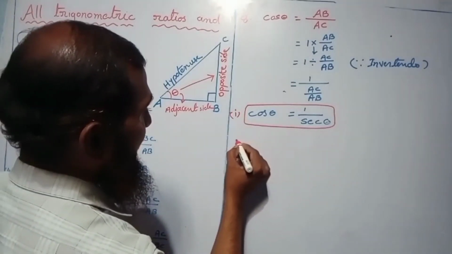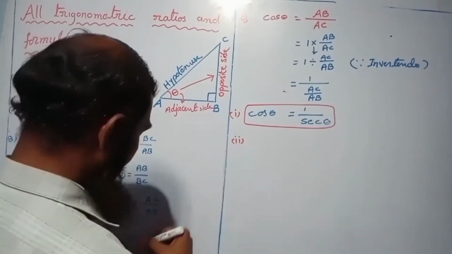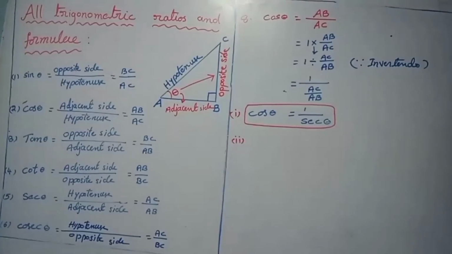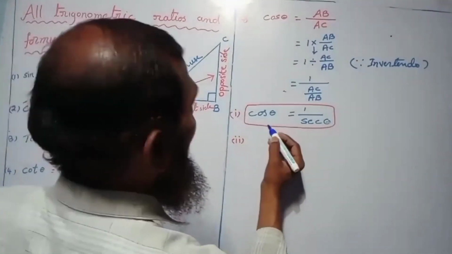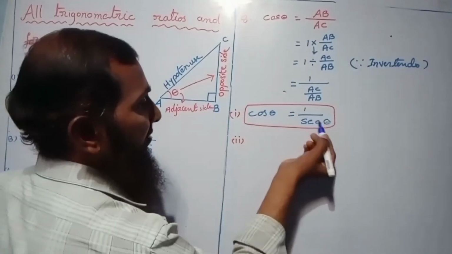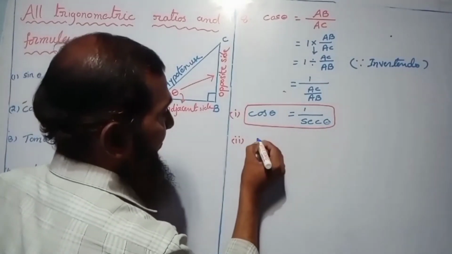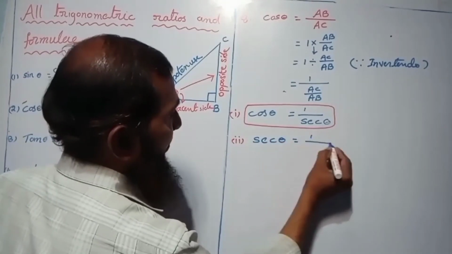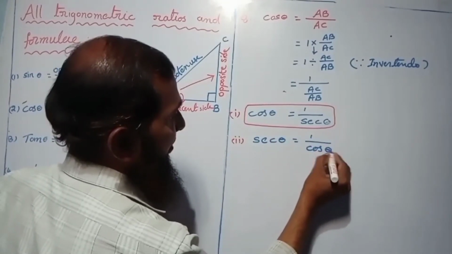And the second one, similarly, if I take secant theta on the left side, then cosecant theta will go to the right side. It means secant theta is equal to 1 upon cos theta.